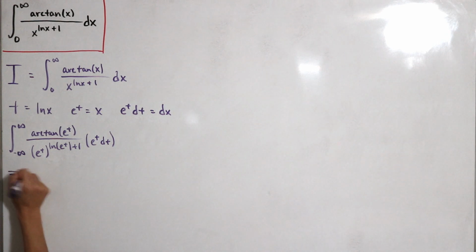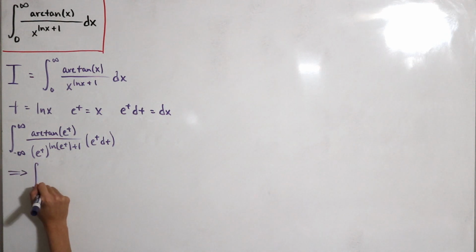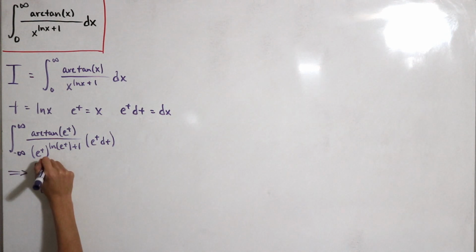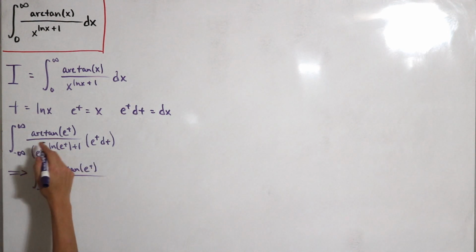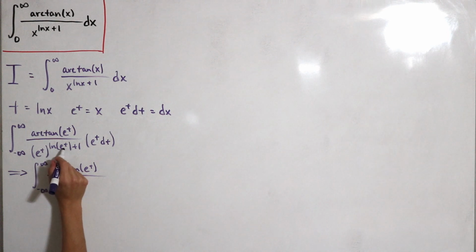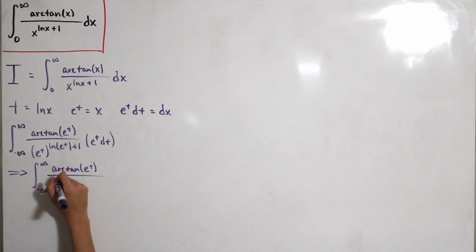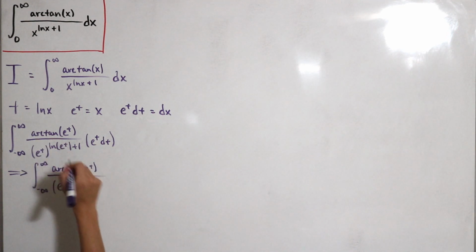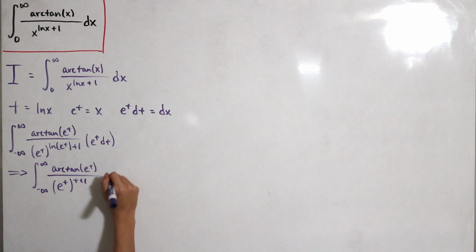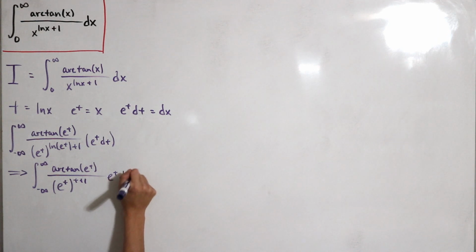This can be simplified even further. The numerator will still remain the same. However, in the denominator, ln of e to the t is just t. Let me put this in parentheses first: e to the t, then to the power t plus 1, still with e to the t dt.